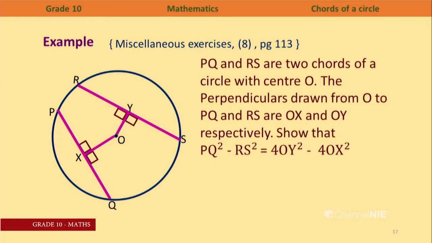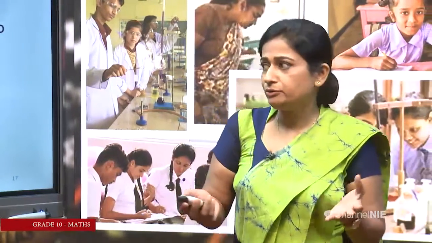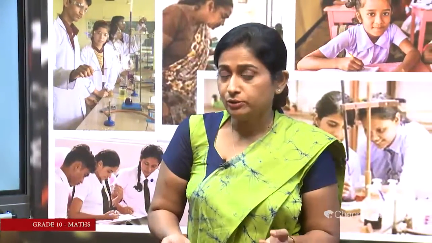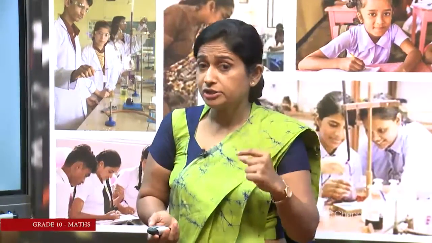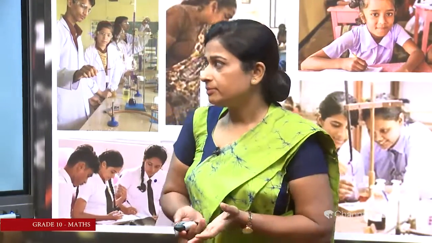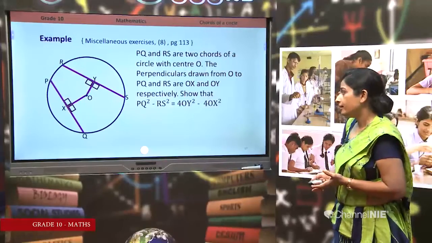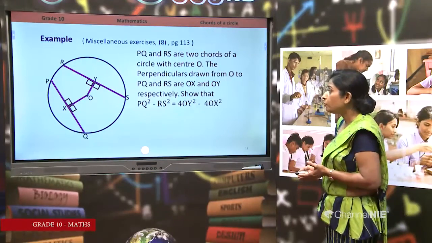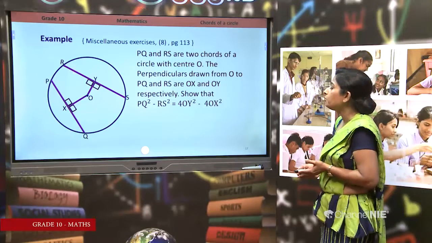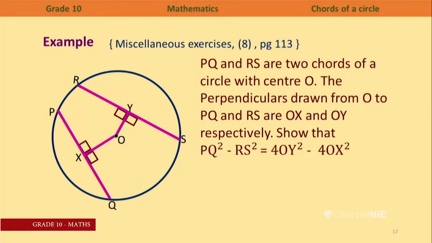Show that PQ squared minus RS squared equals 4OY squared minus 4OX squared.